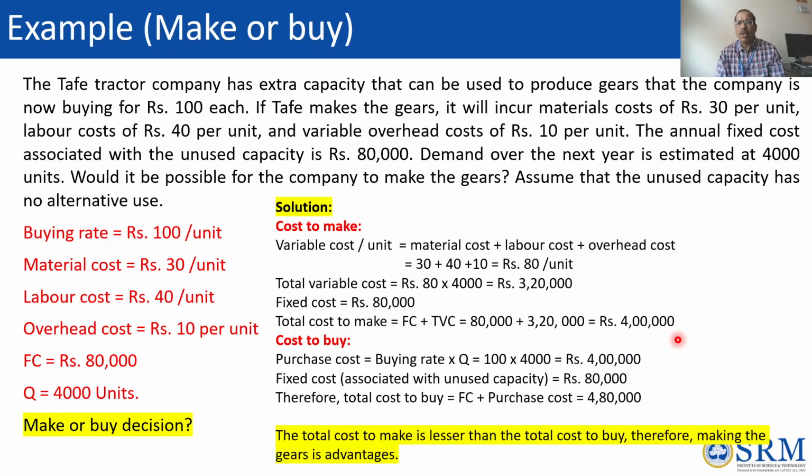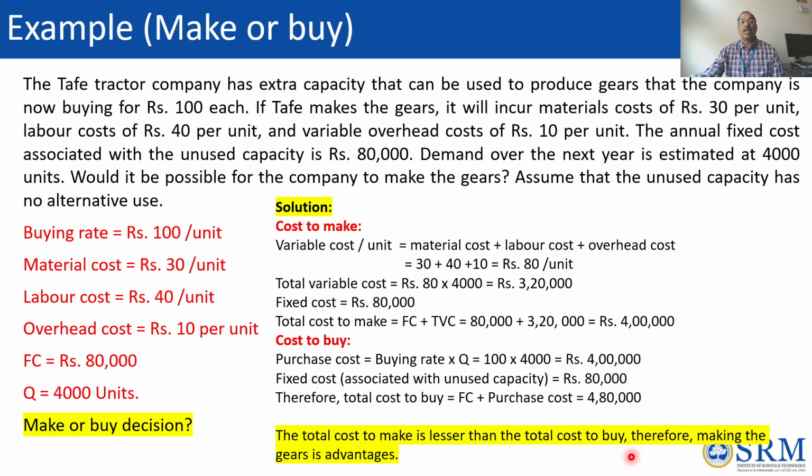But one more condition we should understand is that the unused capacities or machineries in our industry do not have any alternative plans. So the 80,000 annual fixed cost also needs to be added along with the cost of buying. Cost of buying means 4 lakhs. Along with that, this fixed cost of 80,000 also needs to be added.